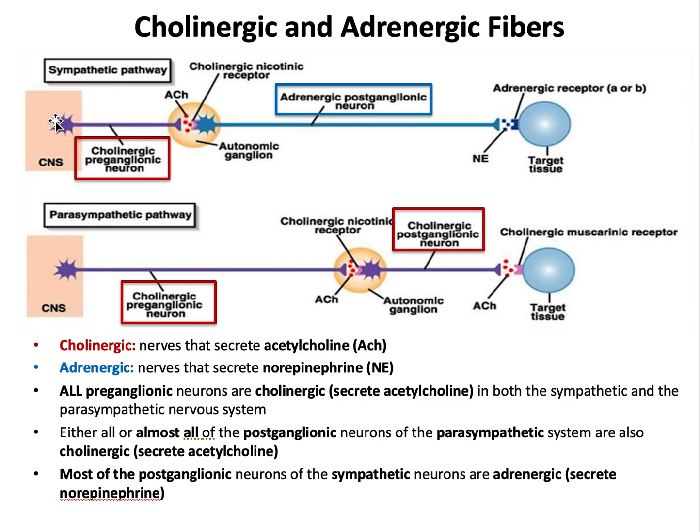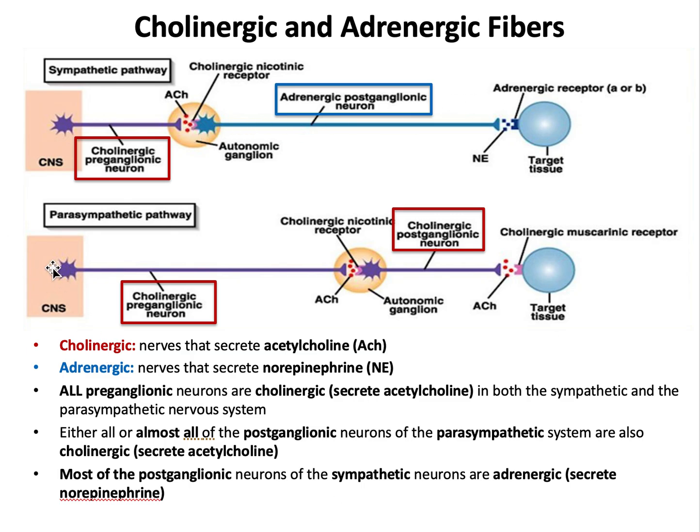If you look, our preganglionic neuron up here is relatively short. That should give you an indication that we're talking about the sympathetic pathway, because it's going to synapse in that interconnected sympathetic chain ganglia, which is really close to the spinal cord itself, right? And then we have long postganglionic fibers, because they have to travel from the sympathetic chain ganglia all the way to the tissues.